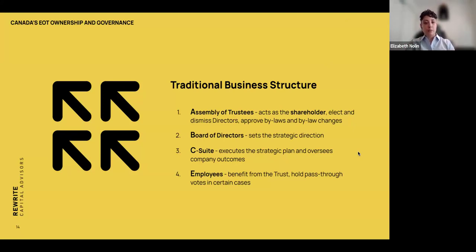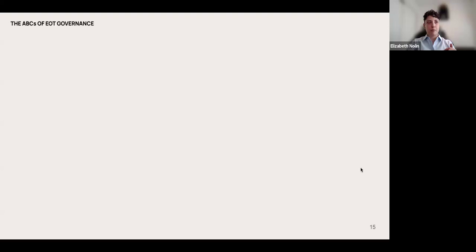So what I'll do is I'll spend a bit of time going through what the legislation says about the composition of each of the groups at each of the levels of the A, B, and C. And then we'll talk about their roles in a little bit more detail so we can really pull that apart and understand.